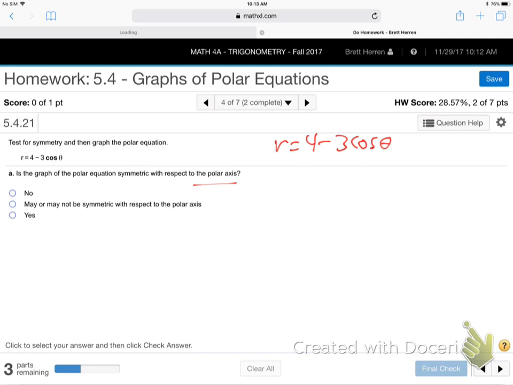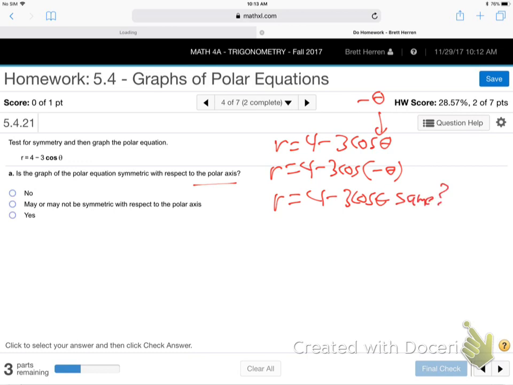Plug in negative theta. Easy pickings now. It's kind of the same thing every time. Look at negative theta, gone. Is it the same as the original? This with this? Yes, it's identical.